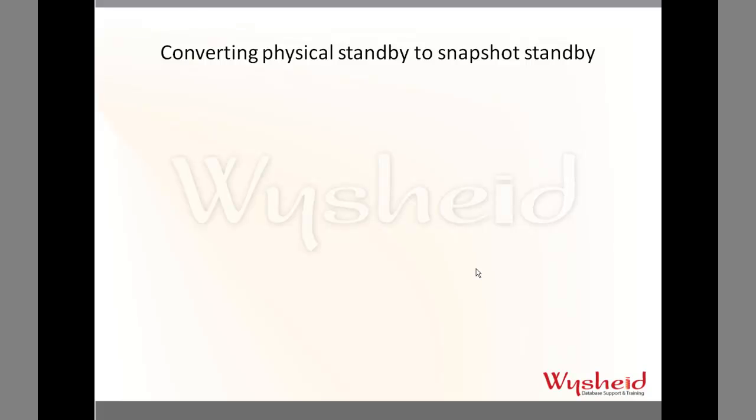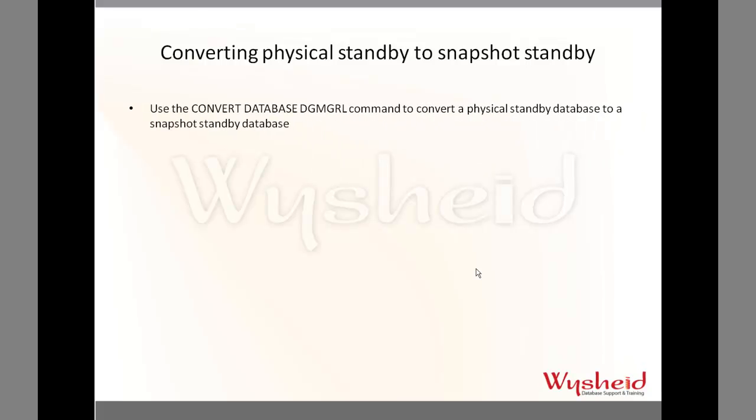Okay, now we'll see how to convert a physical standby database to a snapshot standby database using the Data Guard broker commands. We have to use the convert database command of the Data Guard broker command line tool. Assuming that our standby database name is stand, the command will be convert database stand to snapshot standby.